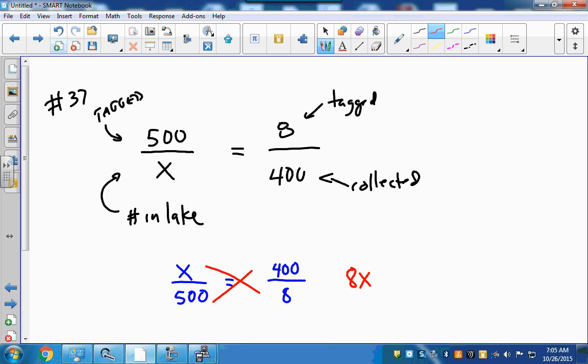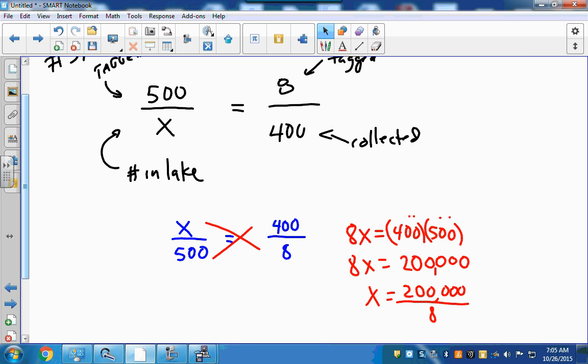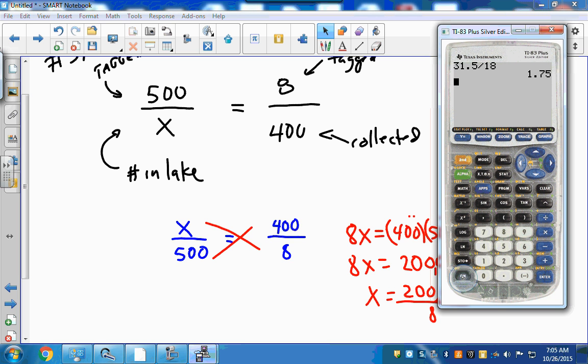So 8x is equal to 400 times 500. And again, you can use your calculator there or simply note that 4 times 5 is 20. And I see 1, 2, 3, 4 zeros. Okay. So 8x is 200,000. And then you can divide out. Again, feel free to use your calculator. 200,000 divided by 8. Okay, 25,000 fish are in the lake.